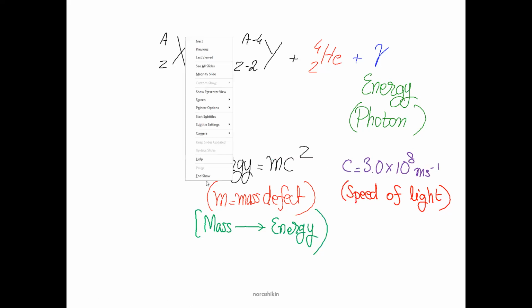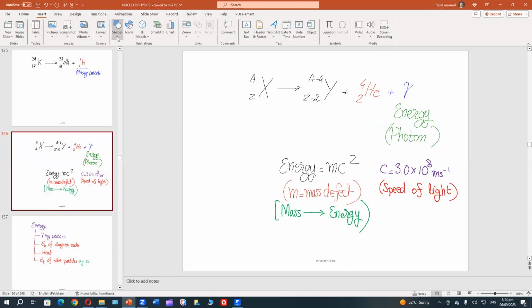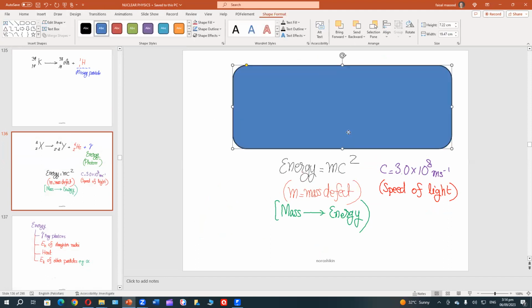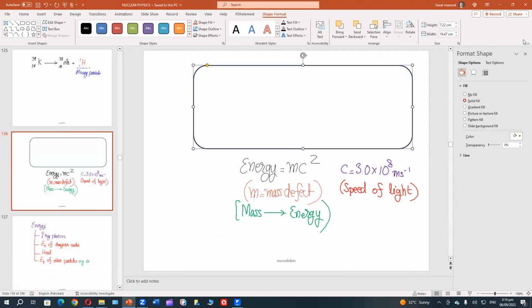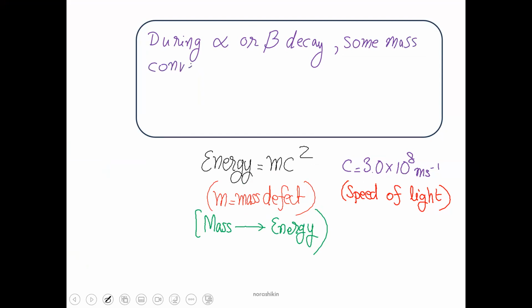So right under it, write that during alpha or beta decay, some mass converts into energy.